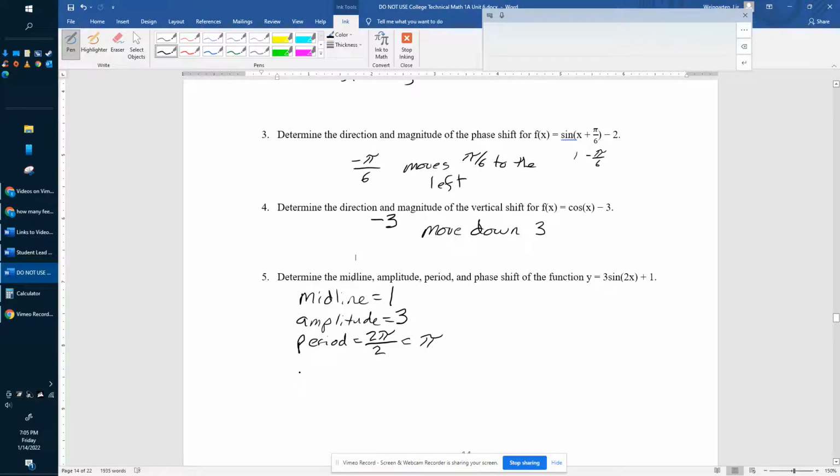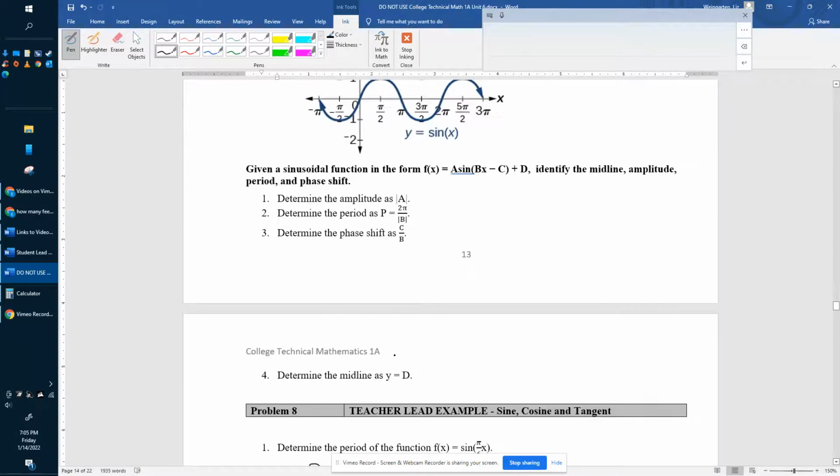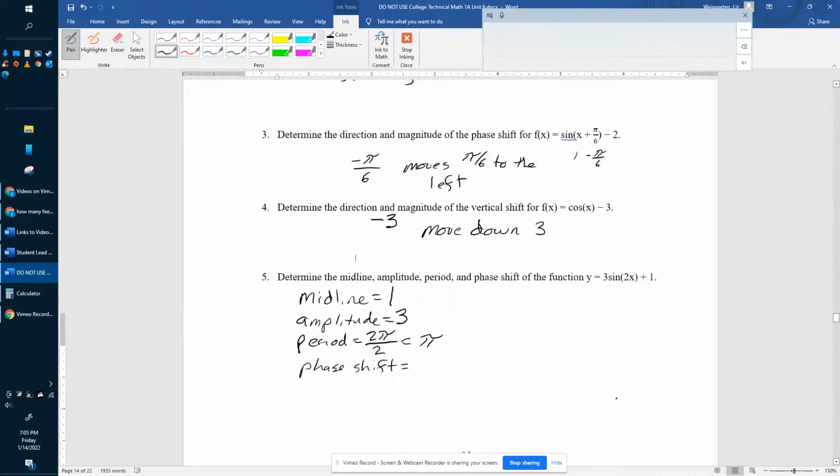How about the phase shift? Let's see, phase shift is c over b. c is what we're subtracting from bx. We are subtracting nothing, so it's 0 over 2, which is 0, so no phase shift.